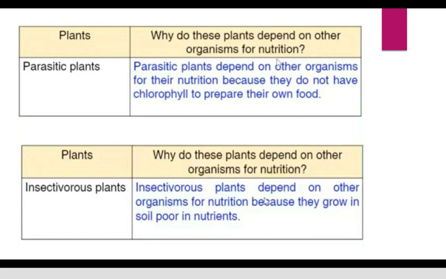Insectivorous plants depend on other organisms for nutrition because they grow in soil poor in nutrients. The soil does not have the essential nutrients, so they are not able to take those nutrients and make their food.